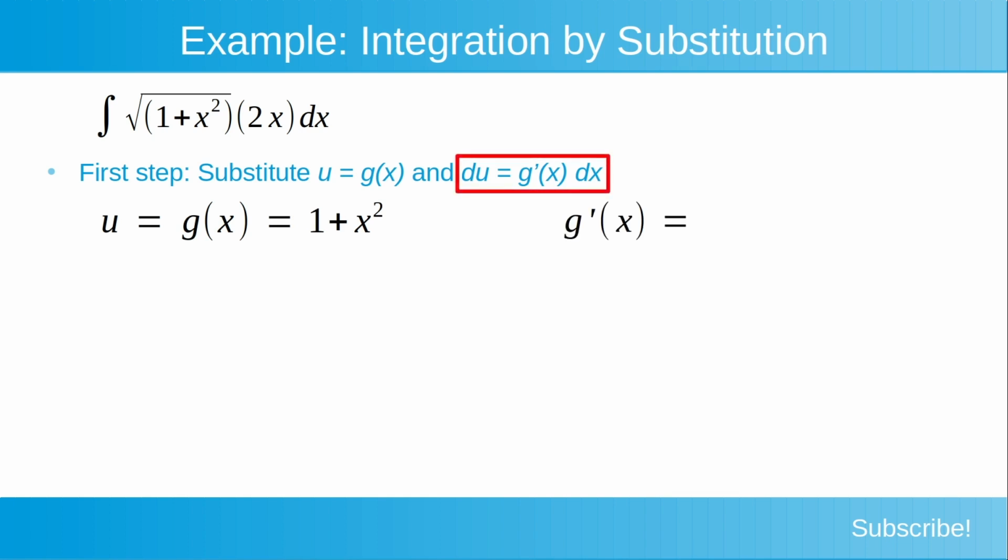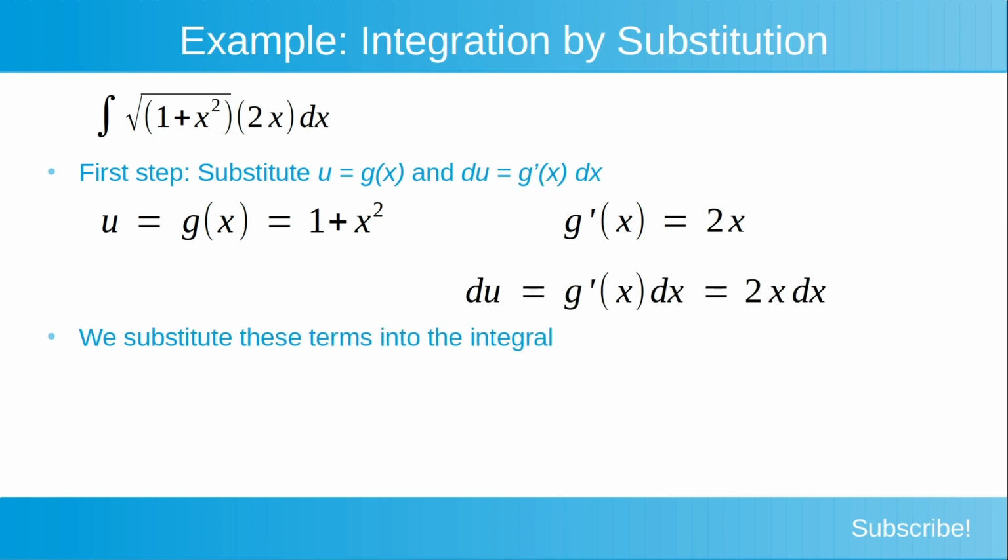We also want to set du to be equal to g prime x dx. We have from earlier that g prime x, that's equal to 2x. Now, making the same change to both sides of the equal sign, g prime x dx, that's equal to 2x dx. So we want to set this to be equal to du.